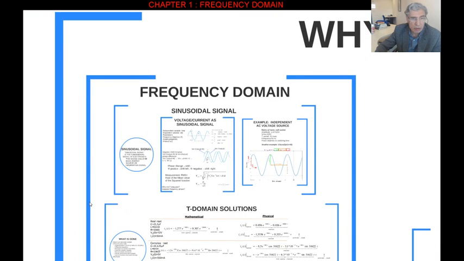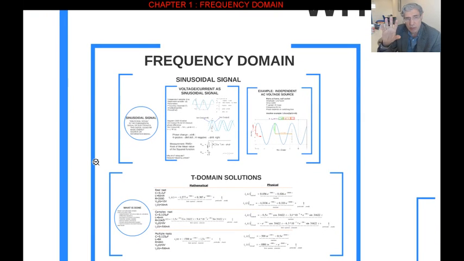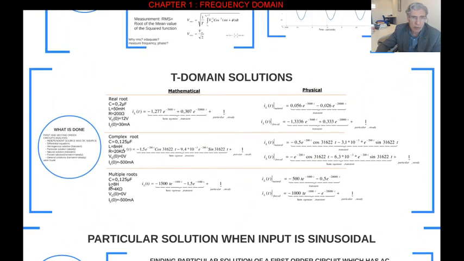So let's see now the second step. What we have seen mathematically is what this sinusoidal function is, and what the physical signals in this form are, sinusoidal signals. We gave these examples. So let's remember now what we have done in Introduction to Electric Circuits. We did first and second order circuit analysis.